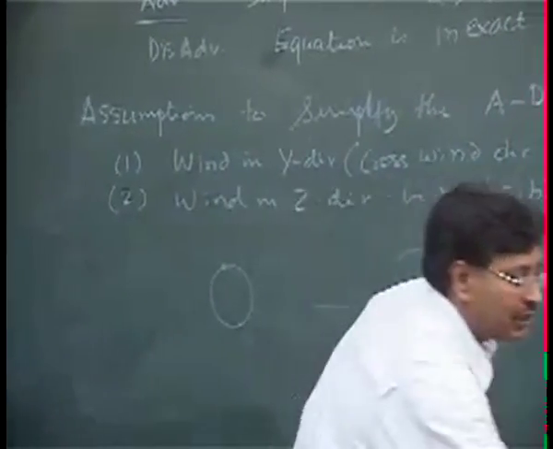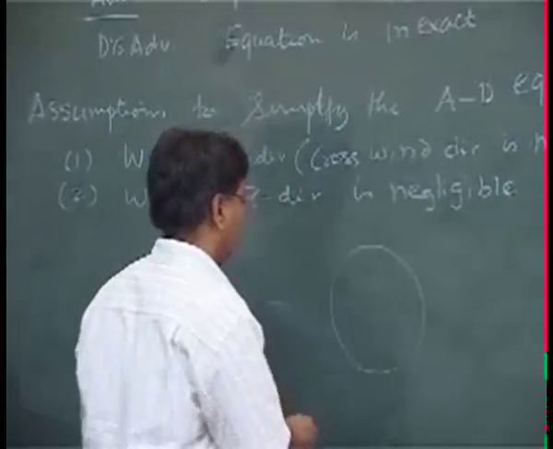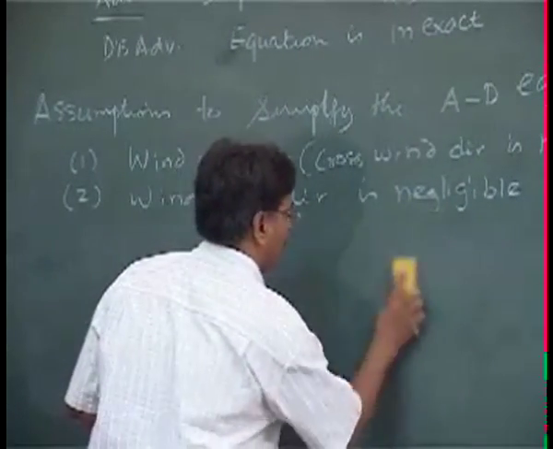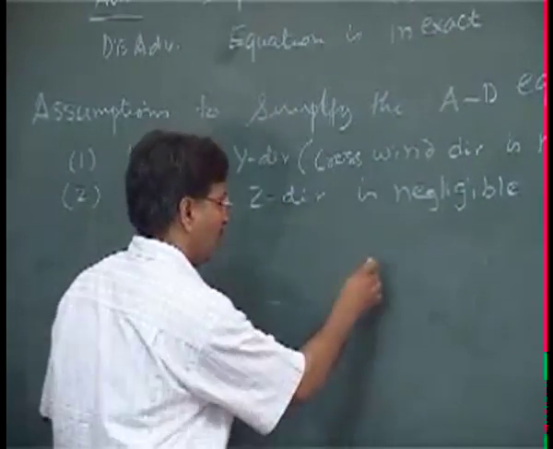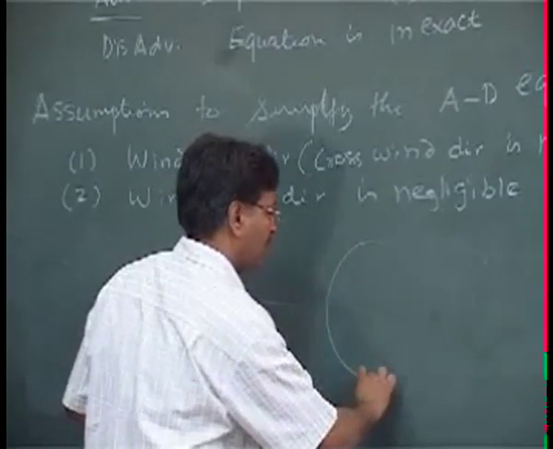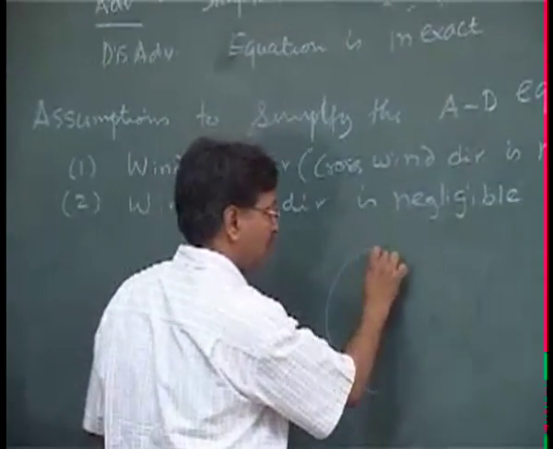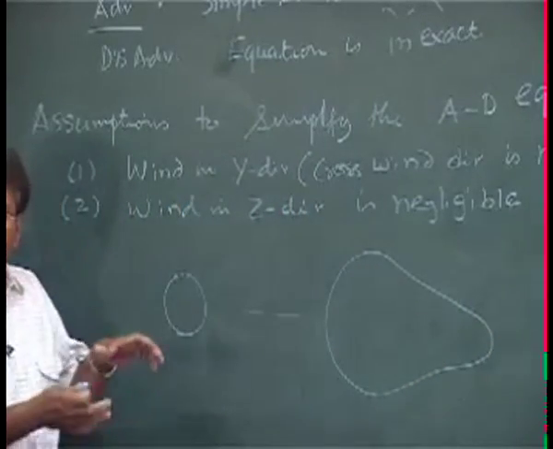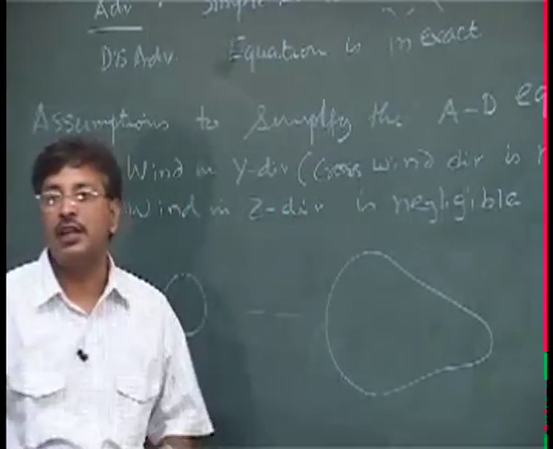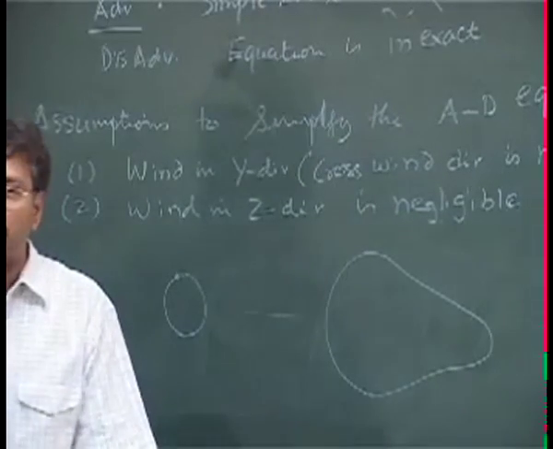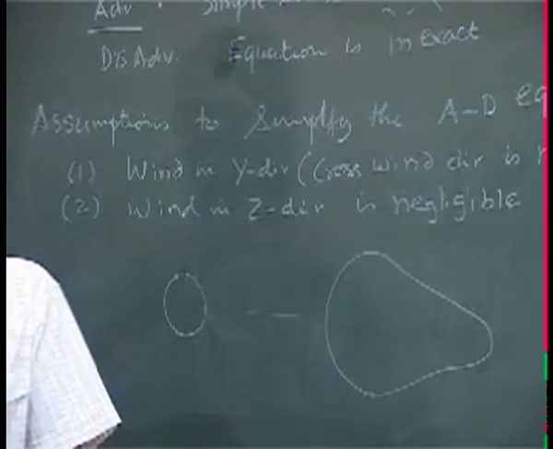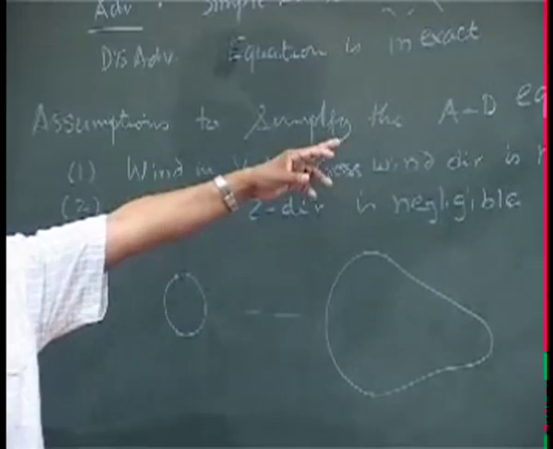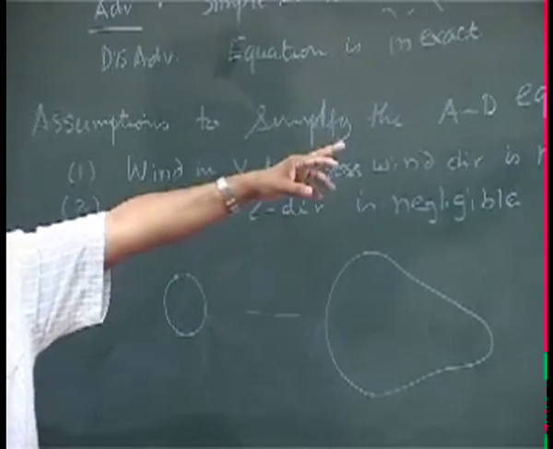But when we actually see it, it remains the same in this one, but you see here it diffuses much more in the x direction, and that diffusion is because of the advection, because we have dropped the advection terms in y and z direction.